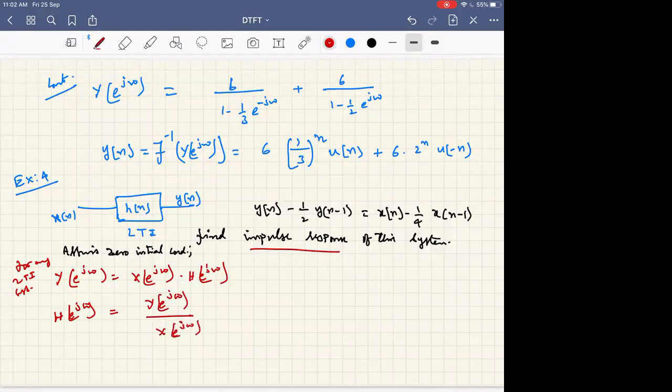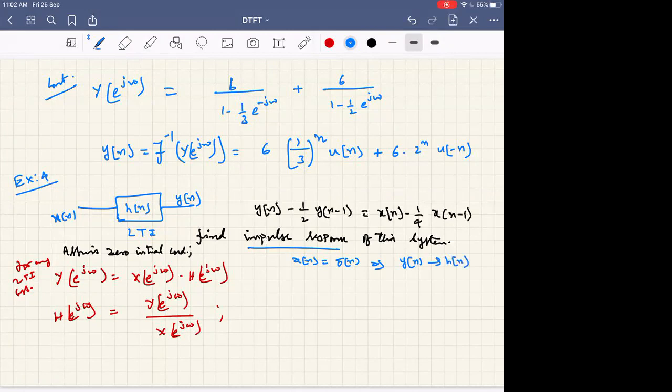To simplify this further, see if I substitute x of n equal to delta of n, what does that mean? Then y of n becomes h of n, the impulse response directly.